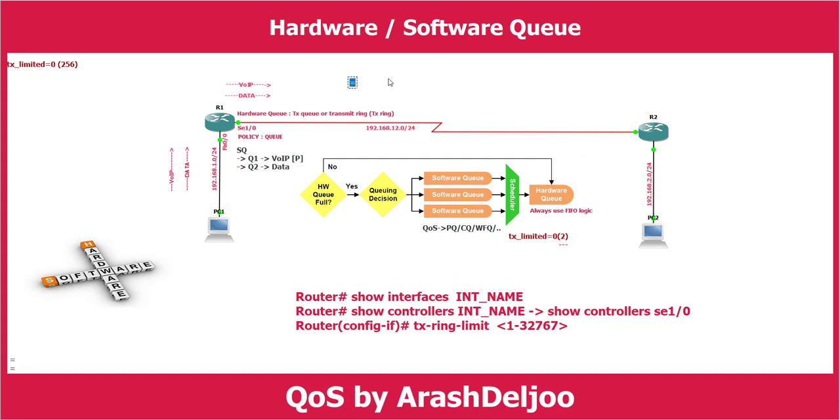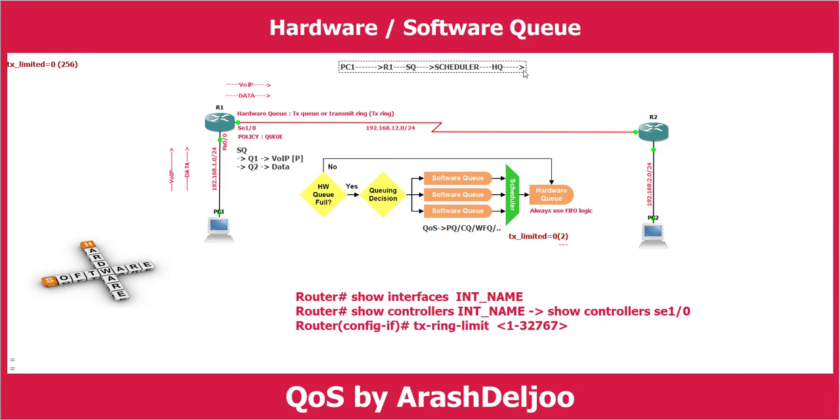Maybe you think that we are receiving traffic from PC1 on router 1, and this traffic should first go to one of the software queues, and then after the scheduler selects the traffic, it goes to the hardware queue. In some cases it is correct, but let me emphasize that here we have one important note.